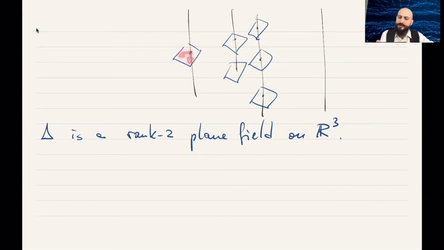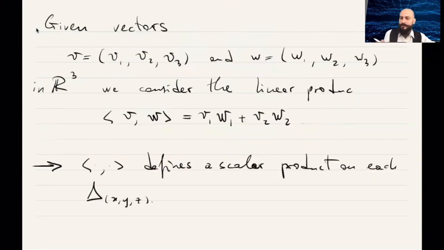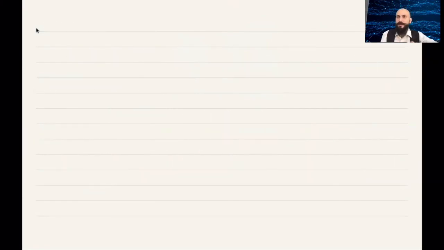Now, we can also see the scalar product as really a scalar product of the whole space and then restrict it to each plane. Actually, we'll do something better. We will really see that there is a frame of the three-dimensional space for which two of the vectors, one is transverse, and the other two instead give an orthonormal basis for each tangent plane of the plane field.